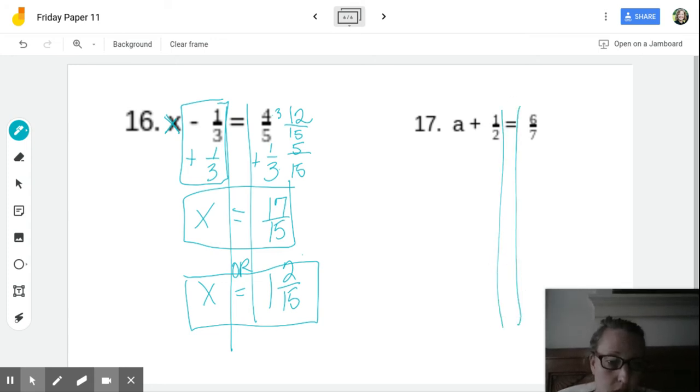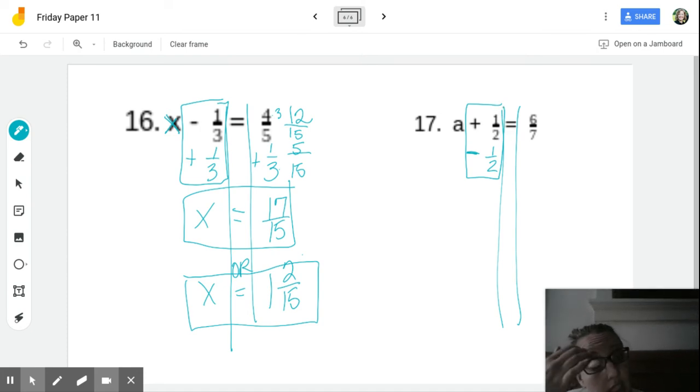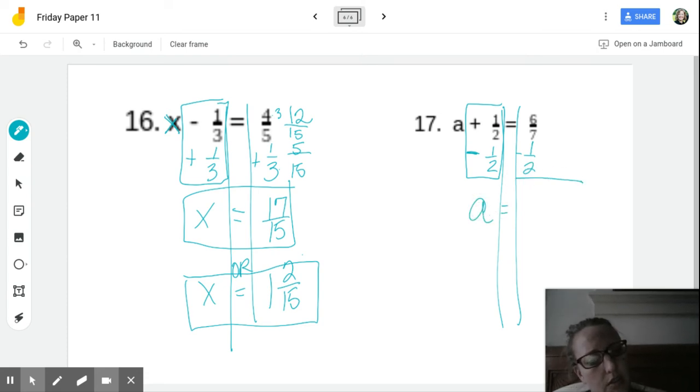Let's go here. We're going to undo this. The inverse of add is subtract. So the additive inverse of 1/2 is negative 1/2. What I do to one side, I must do to the other. A is equal to 6/7 minus a half.